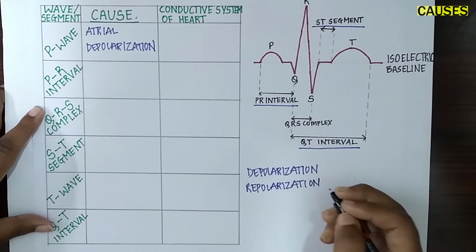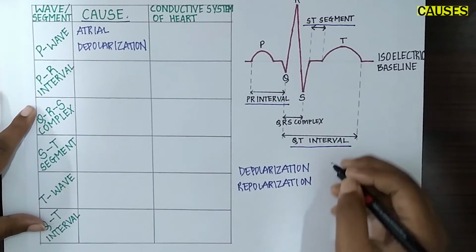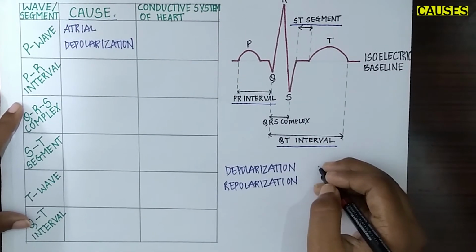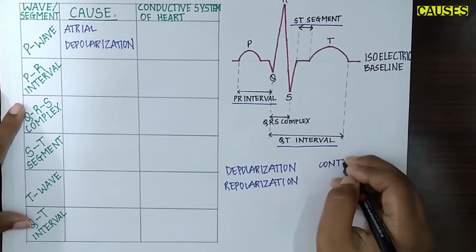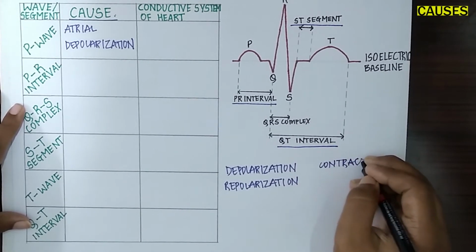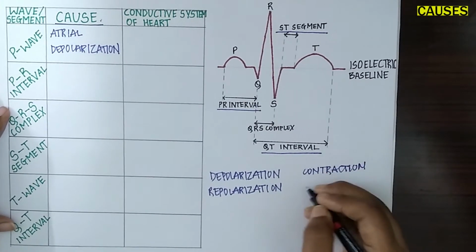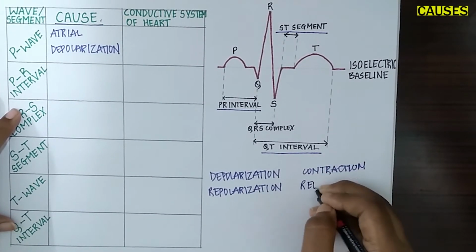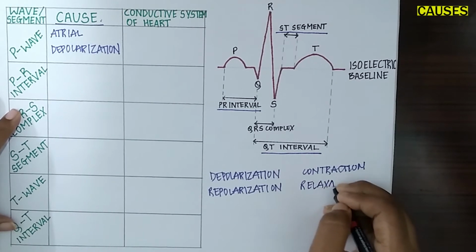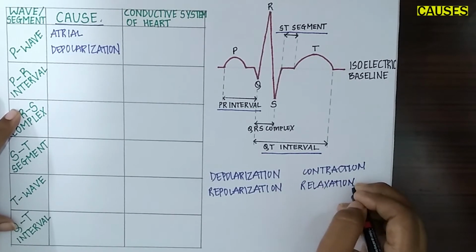So how to remember it? See, cardiac muscles show two activities. One is contraction and other is relaxation, right? So our atria contract, atria relax, ventricles contract, ventricles relax.